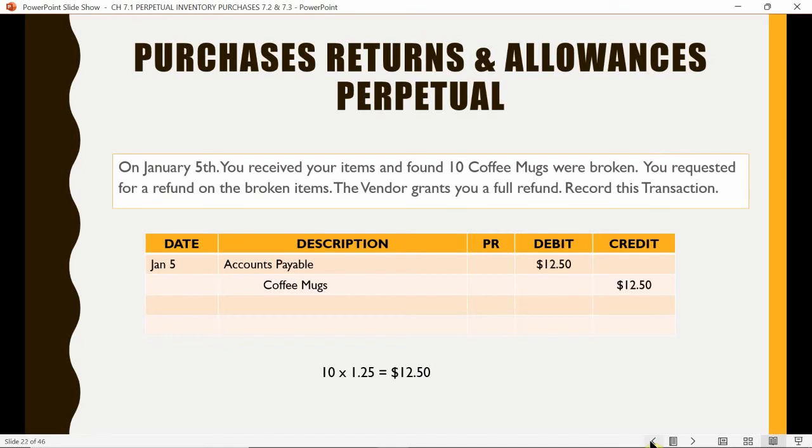Okay? Much easier. Instead of having to be complicated and create a contra account, this one's straightforward. You only have one account and one account only, which is your inventory account. Okay.